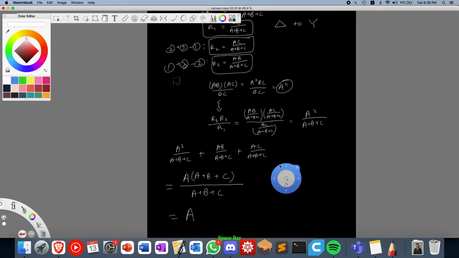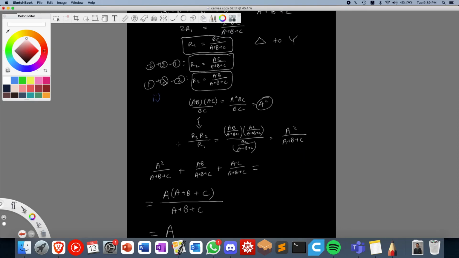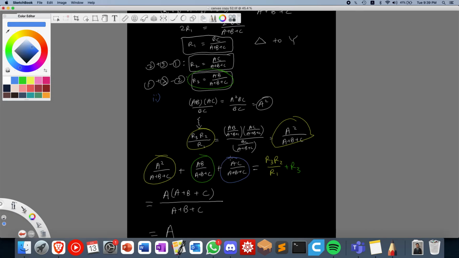Isn't that amazing? By considering products of two things, and then considering the A squared, we have isolated A. What remains is just to bring in the R1, R2, R3. The first guy we have already calculated: it's R3 R2 over R1. Then the second guy is plus R3, and the last guy is plus R2.